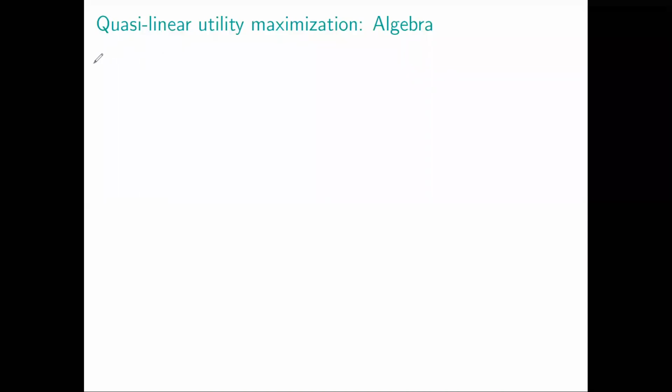So here we're trying to do the Lagrangian. And the Lagrangian with respect to, now it's going to be x, lambda, mu1, and mu2.